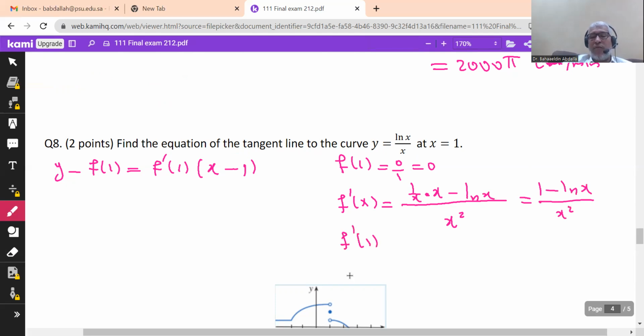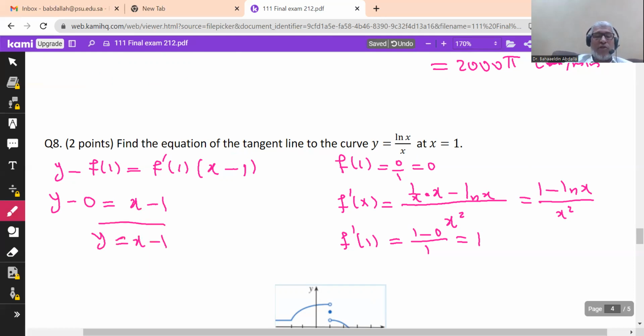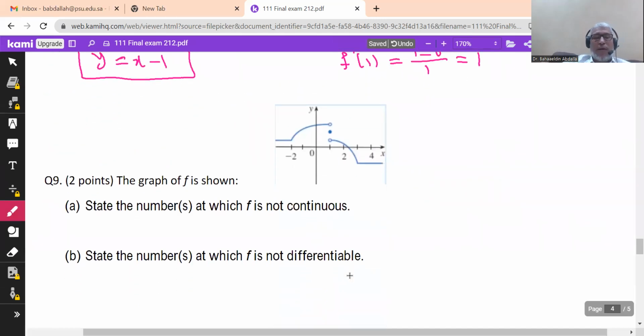And f prime of 1 would be 1 minus ln 1, which is 0, over 1 squared. So f prime of 1 is 1. And the equation is y minus f of 1, 0, equals f prime of 1, which is 1, times x minus 1, or just y equals x minus 1.